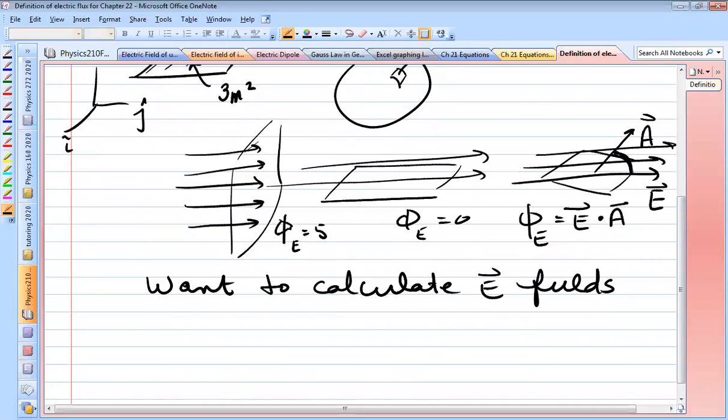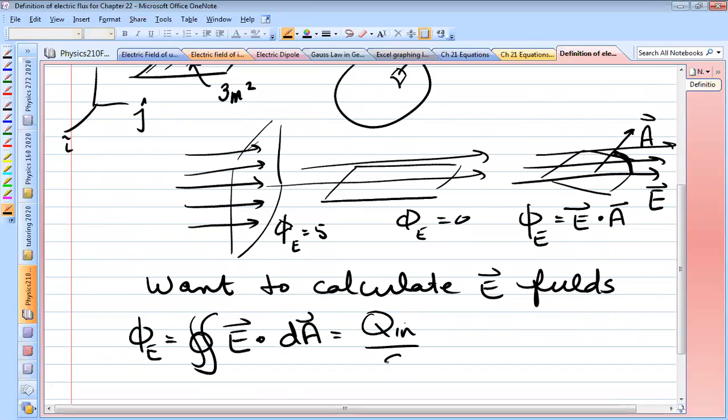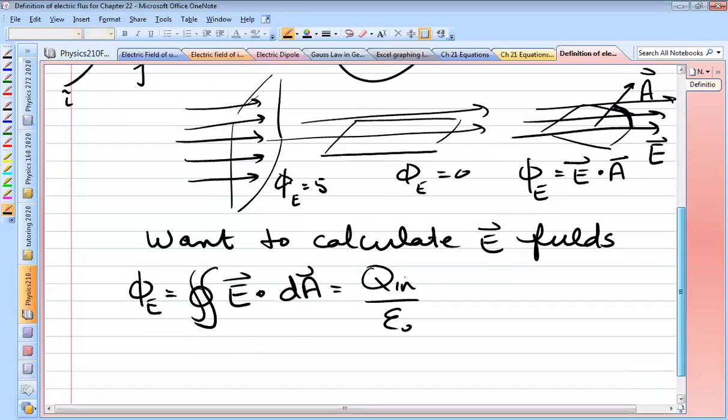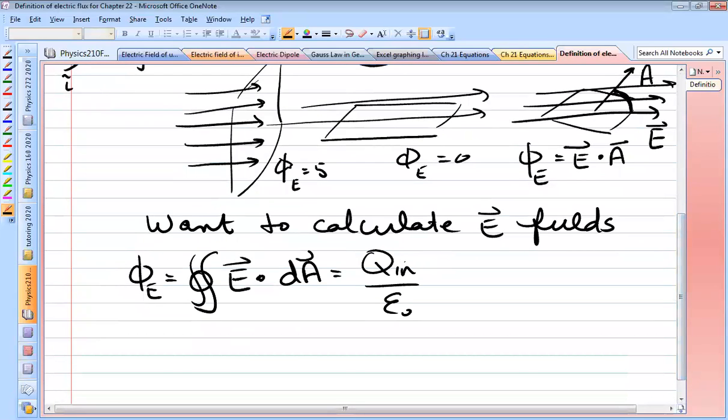In order for us to use Gauss's law, it's like this: the closed integral of E dot dA is Q in over epsilon naught. In the textbook, they call it Q enclosed, but this "in" means inside a Gaussian surface.